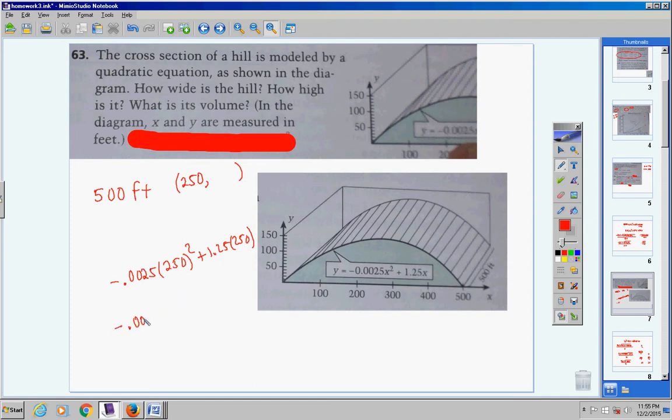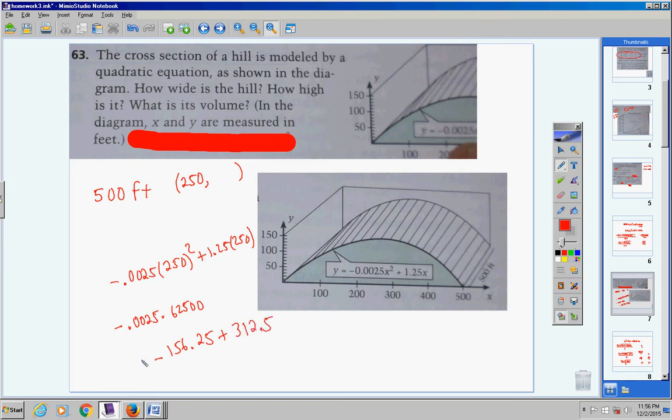So negative 0.0025 times 62,500 would give us negative 156.25, and then plus 1.25 times 250 would give us 312.5.